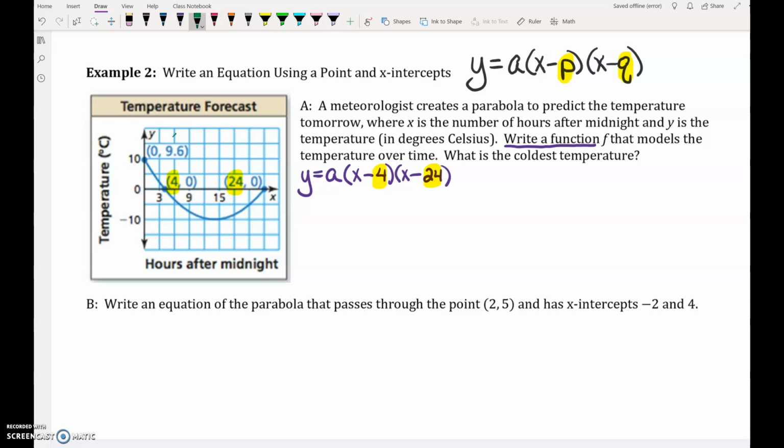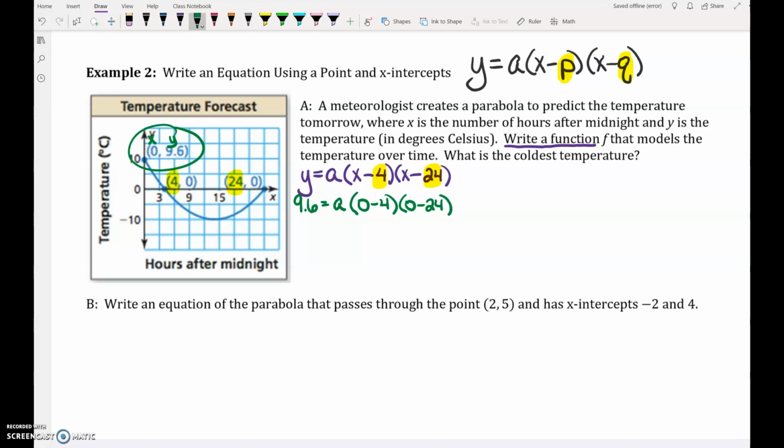In the second step, we can plug in this other point. So the 0 is our x value, the 9.6 is our y value. So 9.6 equals a times 0 minus 4 times 0 minus 24.